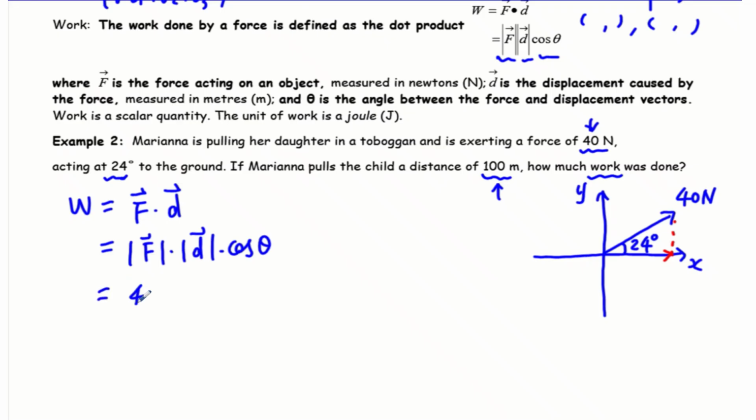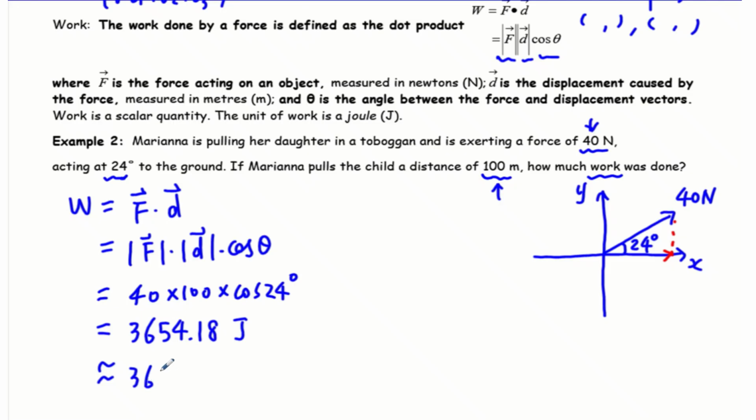So it's 40 times 100 times cosine 24 degrees, which is 3654.18 joules. Because the given information has no decimals, we can round it to no decimals.